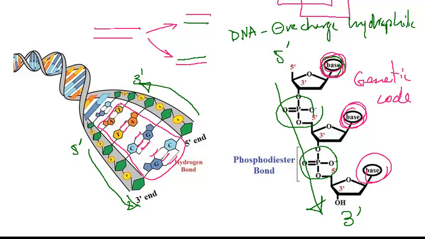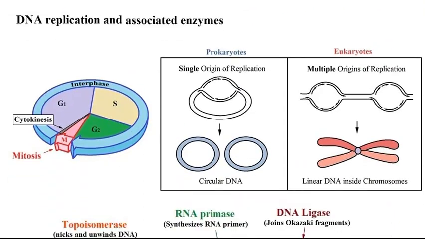Okay, now moving on to the mechanism of DNA replication and which enzymes are required. So basically, if you recall from our meiosis and mitosis lecture, the cycle of cell division is divided into G1, S, G2 phase, and then finally mitosis and cytokinesis. So G1 and G2 are the cycles during which the cell will grow.